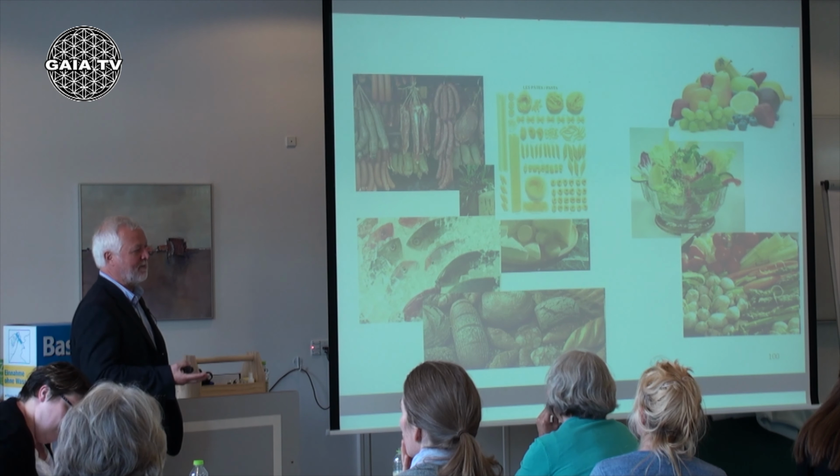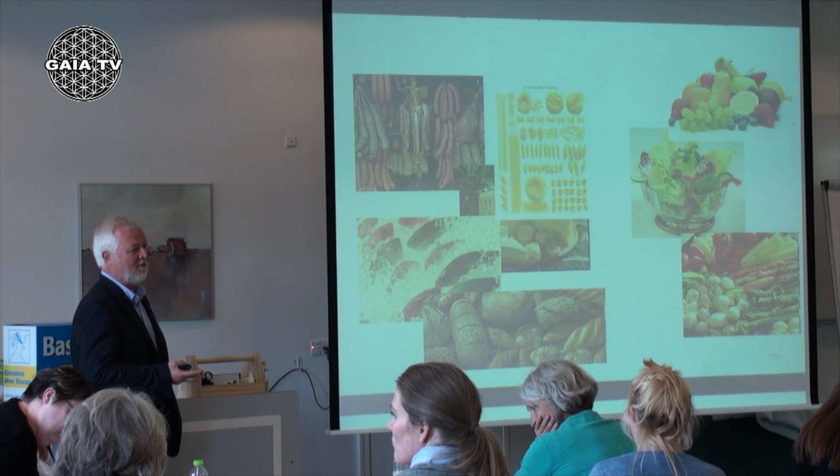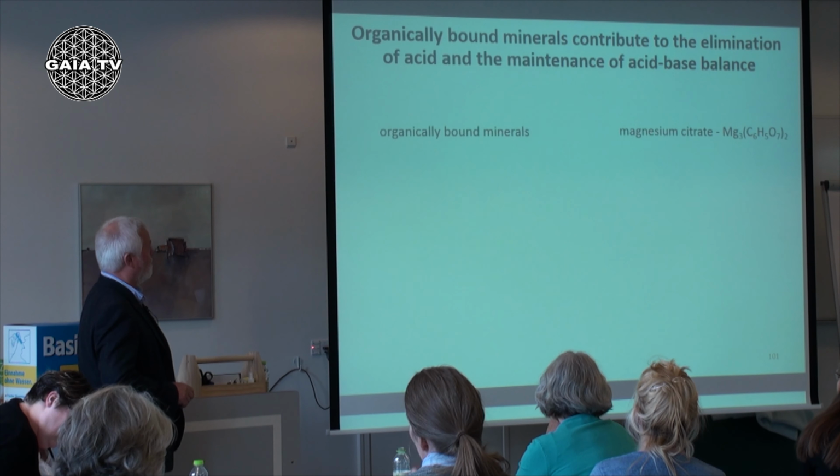So if you eat 200 grams of meat, you have to eat 800 grams of vegetables to neutralize the acidity of the meat. And usually you eat bread with the meat. If you eat potatoes, that's okay. Potatoes are alkaline. It's much better than pasta.